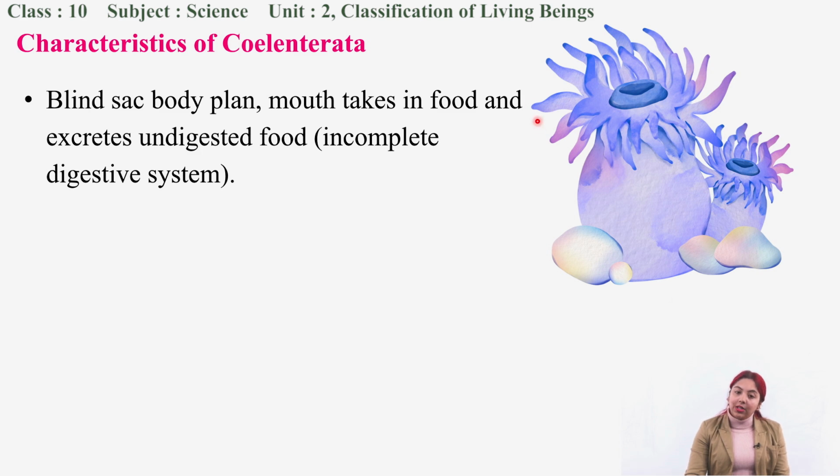Now this mouth takes in food, and this mouth also excretes any undigested food particles. So that's why this type of digestive system is also called an incomplete digestive system, because a complete digestive system possesses a mouth, intestine and anus, but it only possesses this mouth and a sac-like structure. So that's why they have an incomplete digestive system.